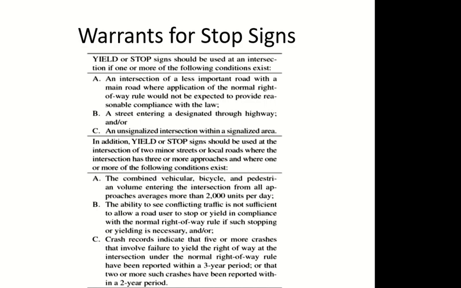So again, going back to the concept of warrants, as you have already seen, there are intersections which may have a yield sign or give way sign, and there could be a problem of stopping, a problem of side distance. And then there are other conditions in which a stop or yield sign can be used.